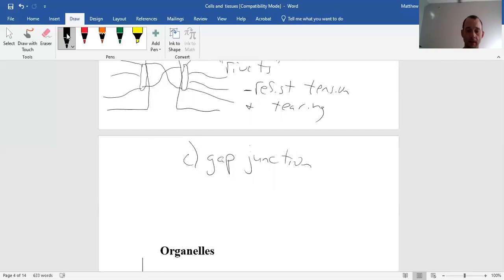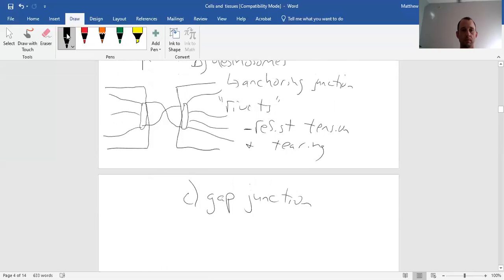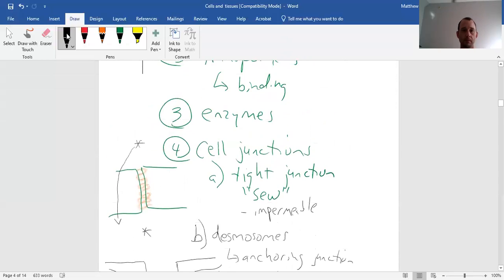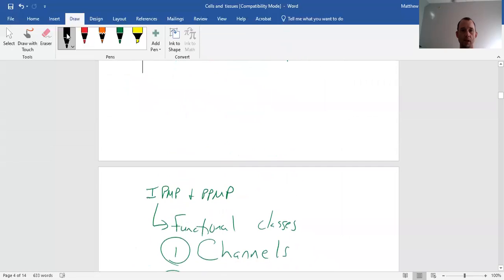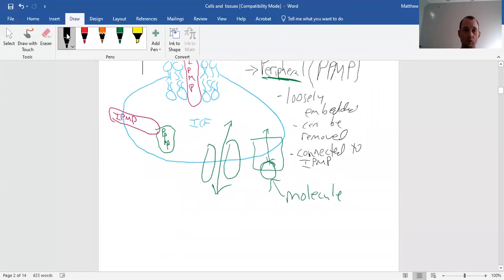If you look at a channel, way back here, in a channel, you move things from inside to outside of one cell. So we are moving from ICF to ECF or vice versa. So a channel allows you to move something in or out of a cell.